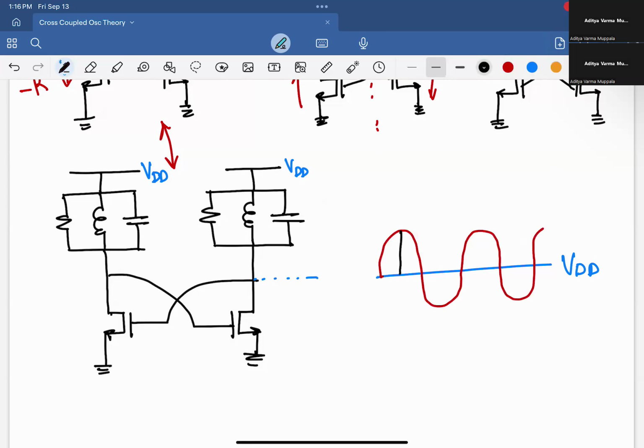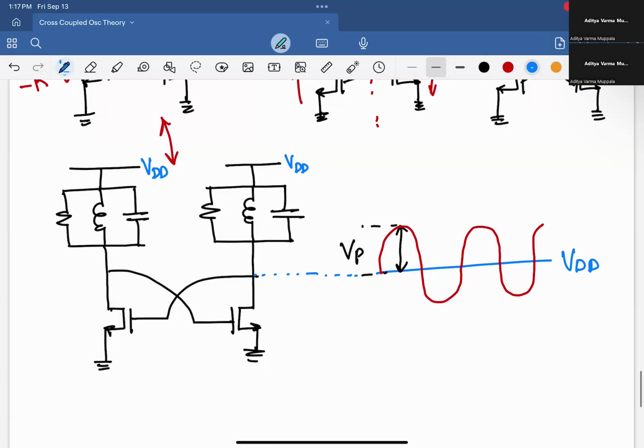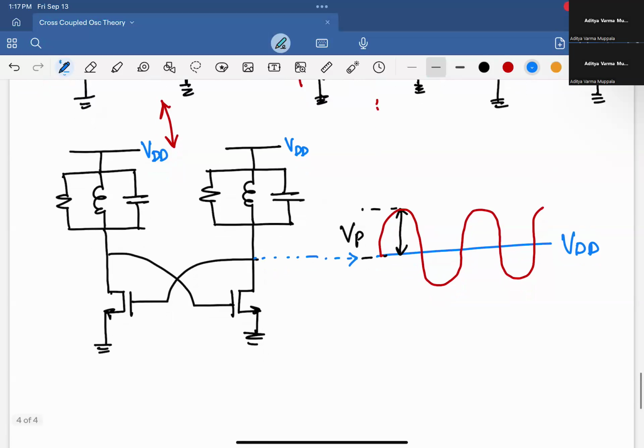And this value, let's call it V peak, VP. Okay. So this is called the voltage swing. VP is the swing.